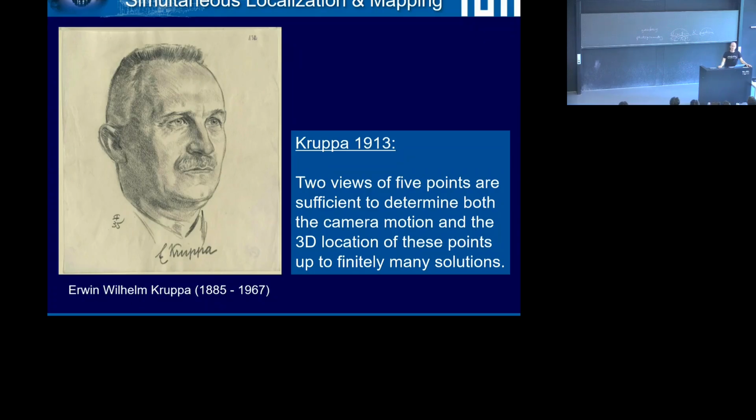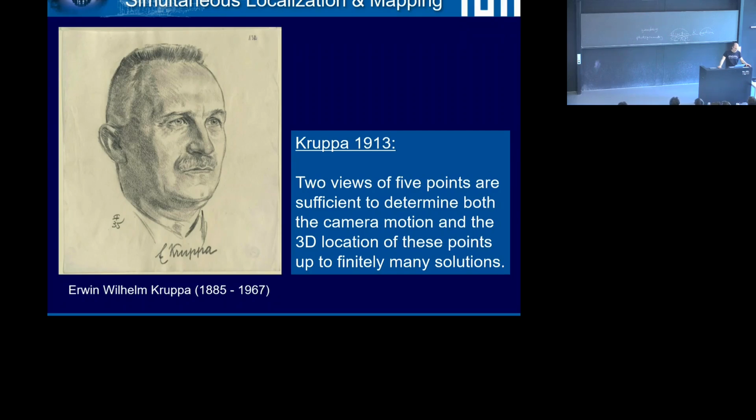Nowadays you can find pictures of many people, but if you go 100 years back, it's very hard. The only thing I found was this drawing. This is actually a self-portrait that he drew himself in 1935. And that's the only picture that I found of him.